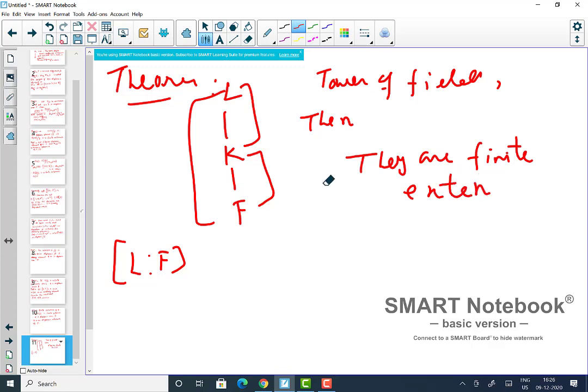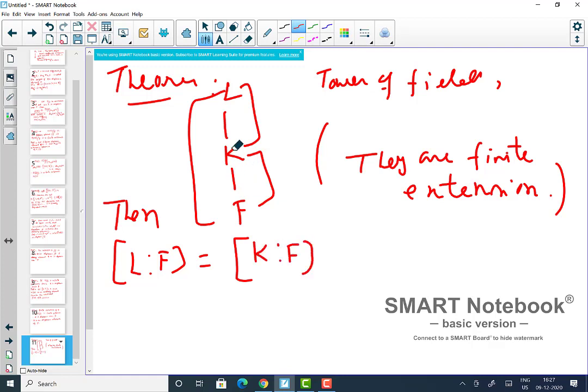If any of those is infinite, then it is obvious. So then what happens? This dimension is nothing but the product of the individual dimensions. So if you first go from F to K, the dimension of K over F, and then K to L, the dimension of L over K.